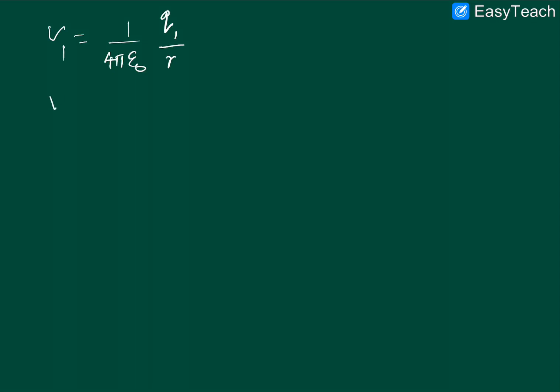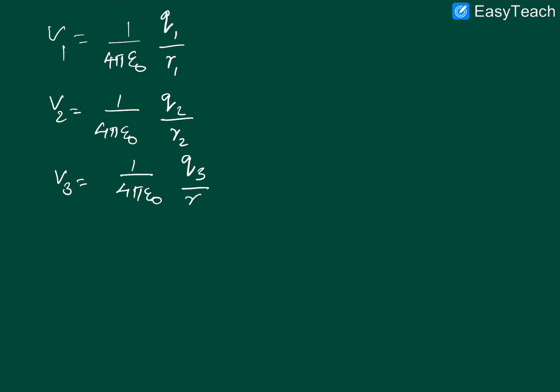Now V2 is 1 by 4 pi epsilon 0 Q2 by R2. V3 is 1 by 4 pi epsilon 0 Q3 by R3, and V4 is equal to 1 by 4 pi epsilon 0 Q4 by R4.